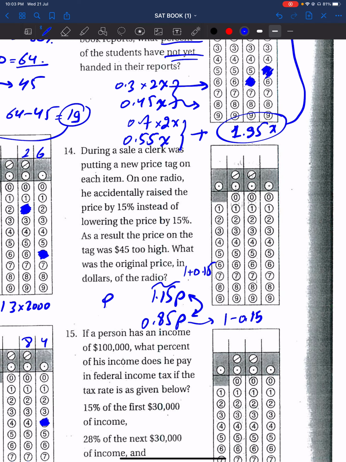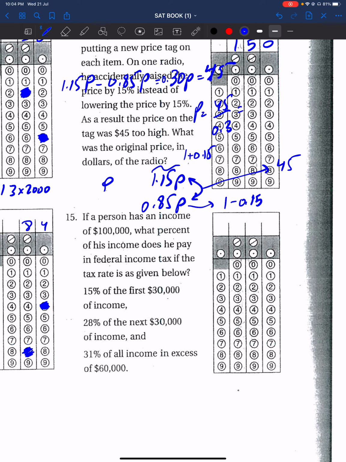Accordingly, the difference between those two is $45. So 1.15p minus 0.85p gives me 0.3p, and this should be equal to 45. Accordingly, p is equal to 45 divided by 0.3, which is equal to 150, and that's your answer.